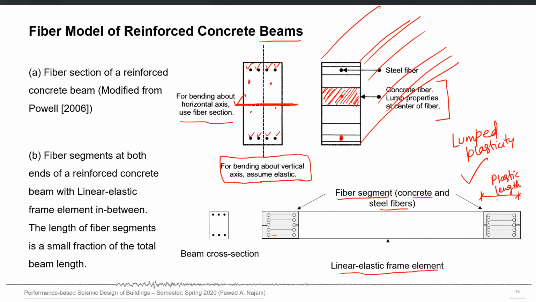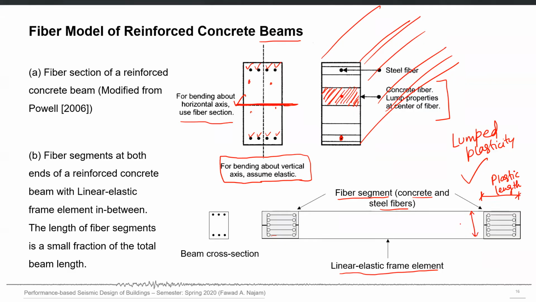And this is the length which is defined actually as the length in which the inelastic action is expected due to applied loading. So several guidelines are available in the literature on what length you should consider. Generally, it is expressed as a particular fraction of the effective depth.